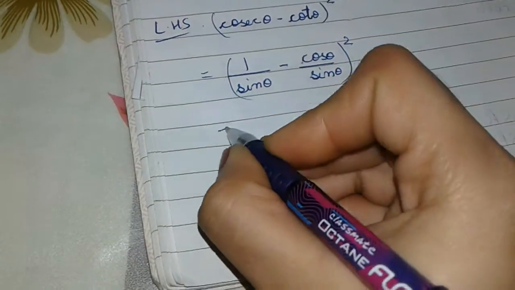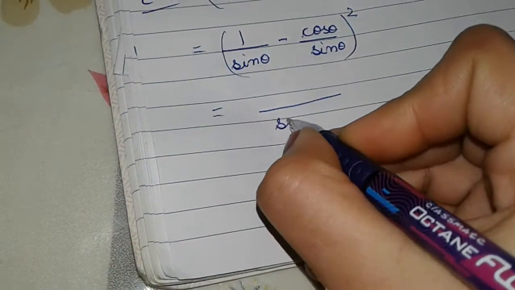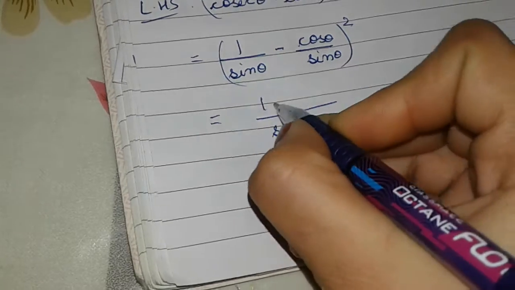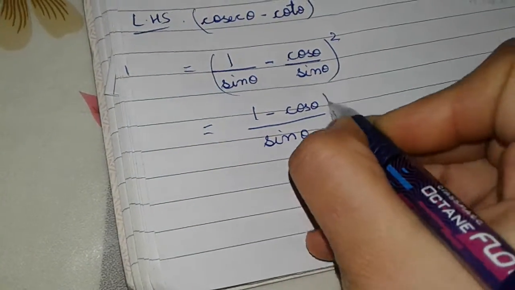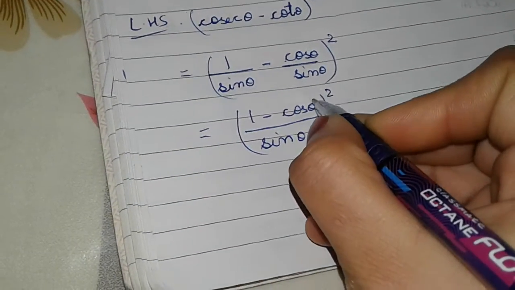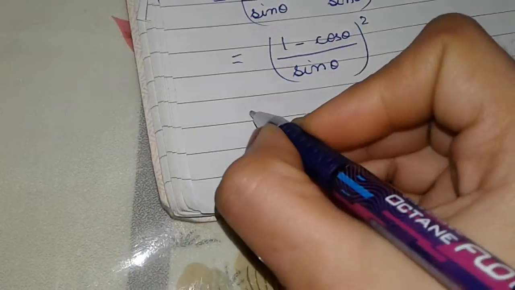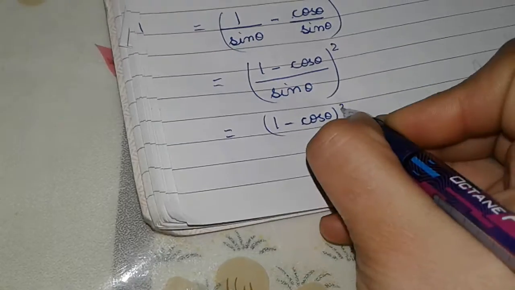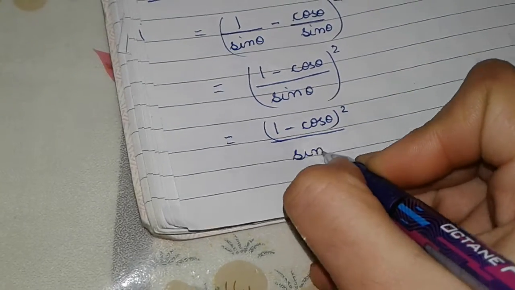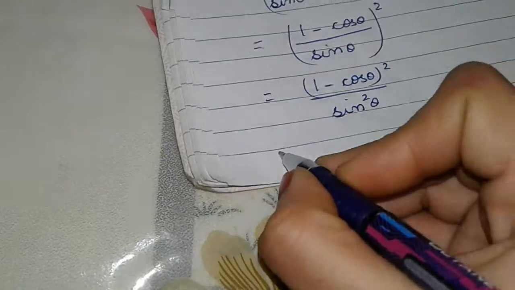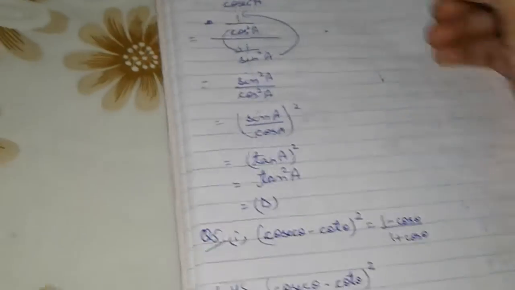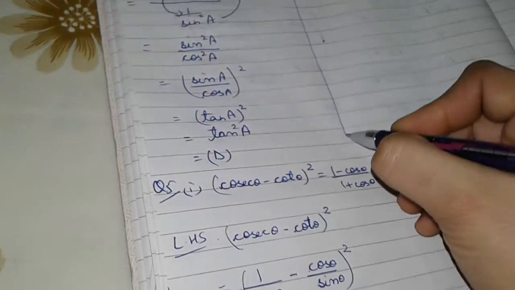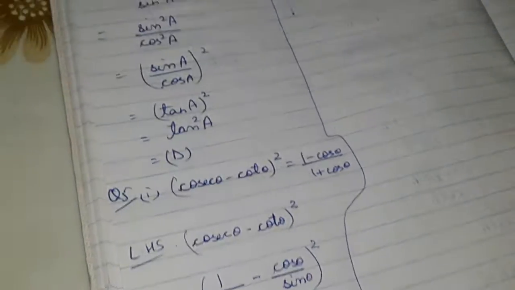Now take the LCM. LCM will be sin theta. Now it will be (1 minus cos theta) whole square over sin theta. Now this square will go to the numerator as well as the denominator and it will become (1 minus cos theta) whole square upon sin square theta. We know that sin square theta can be written as 1 minus cos square theta.